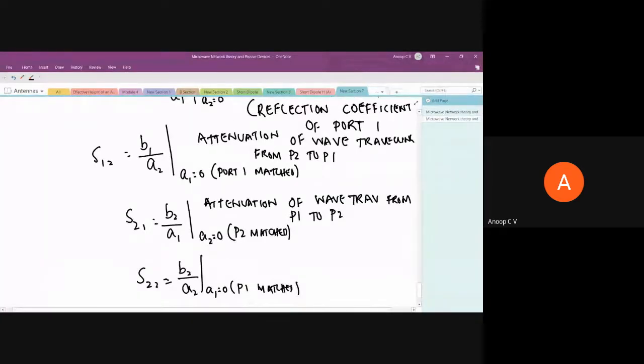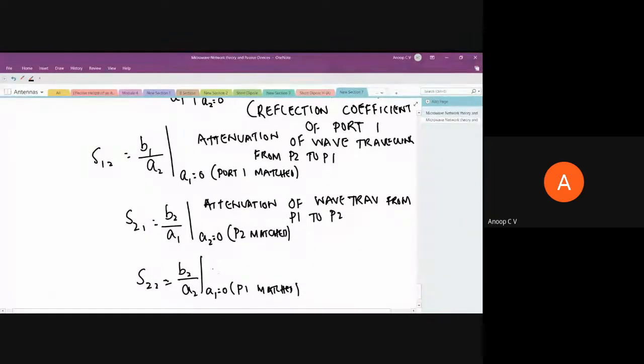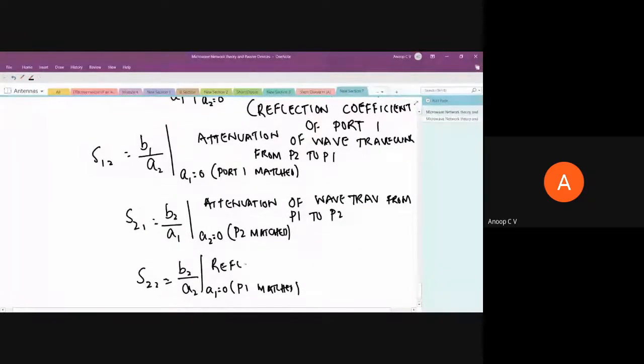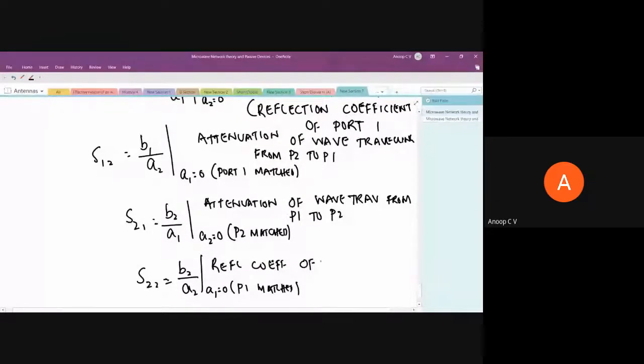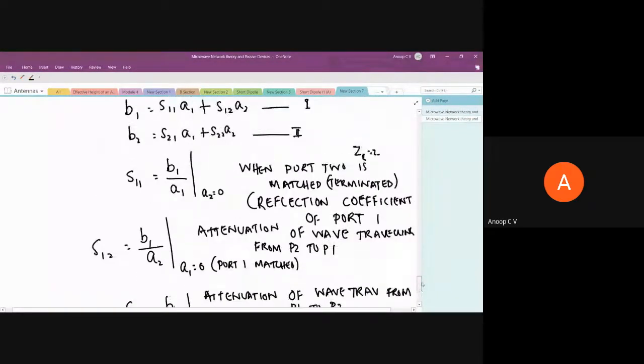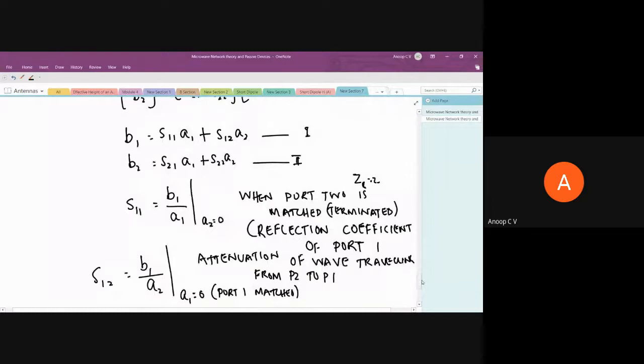It will be the reflection coefficient of port 2. So this is how these are the S parameters. The dependent variables B are described in terms of the independent variables A. These A's and B's are nothing but normalized voltages.